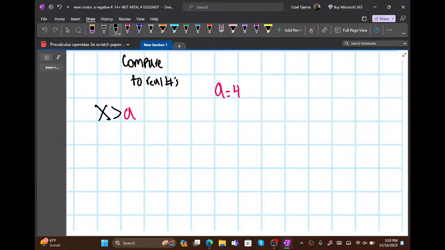Maybe, for example, a is equal to 4, and then we can say that x is equal to, I don't know, 7.